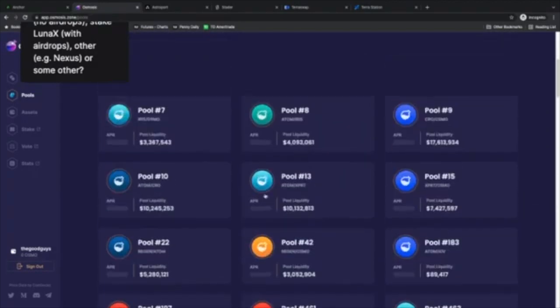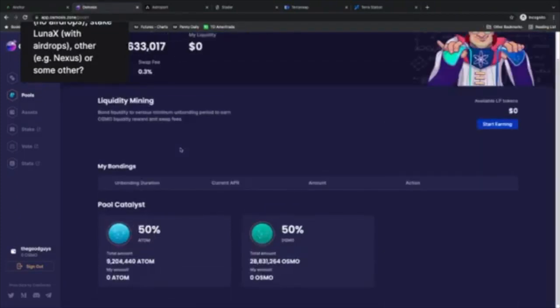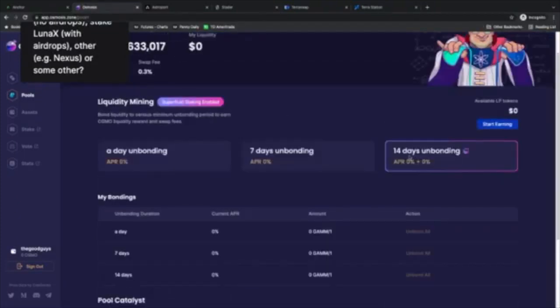If I click on Atom Osmo, it'll tell you there's a certain APR plus an incentive bonus for bonding over a certain number of days. So you're going to see here 14 days bonding is paying a 74% APR plus now 19 with superfluid staking enabled. But these are things we can go over another night.